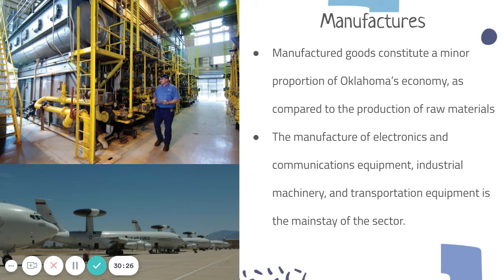Now, even though it's a small part of our economy, we also see that there are other components that play into this. What is just right down the road? They fly over us all the time. Tinker, yes, Tinker Air Force Base. This is a sector, okay, that's what they call it, or a manufactured good within our state. I have a friend that works on AWACS. He's an engineer.